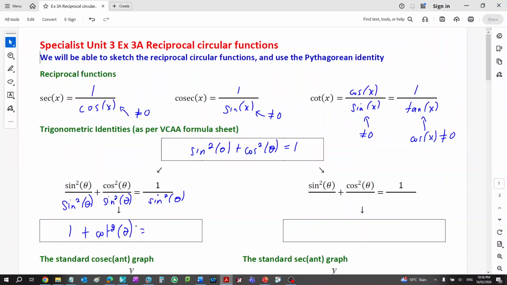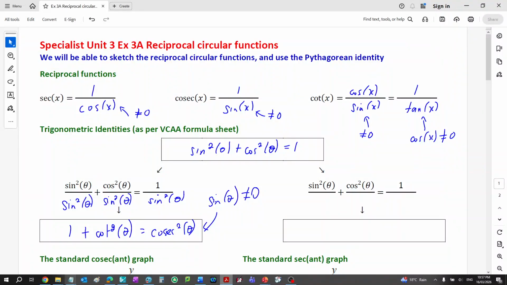This is equal to 1 over sine squared theta, which is cosec squared theta. And so in this case, we need sine theta to not be equal to 0, since we divided by sine squared theta.